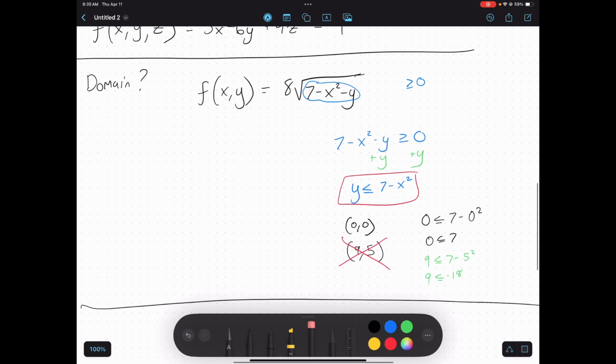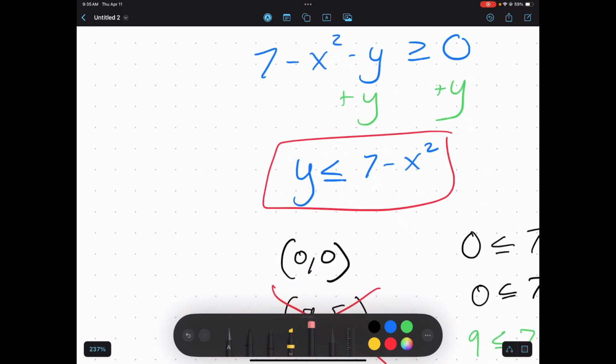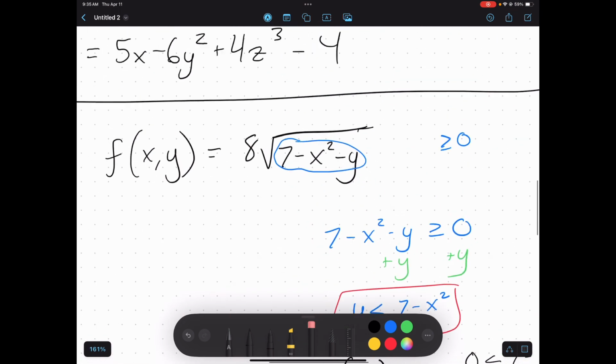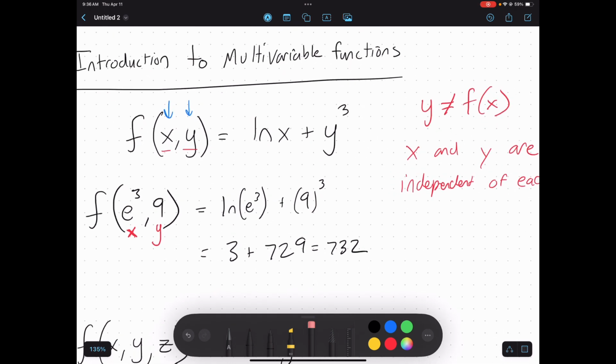Now, your domains don't necessarily make it so your y value depends on your x. You don't always get a relationship between your y and x values for your domain. If I go back up to my very first example, f of xy equals natural log of x plus y cubed, what am I allowed to plug in for y? I can plug in any number I want for y.